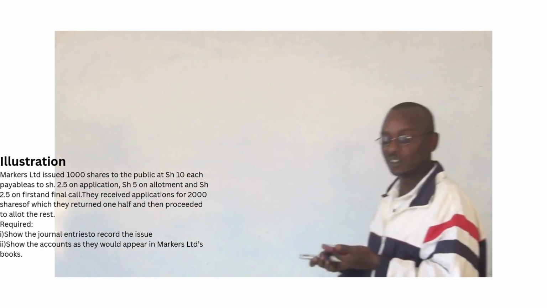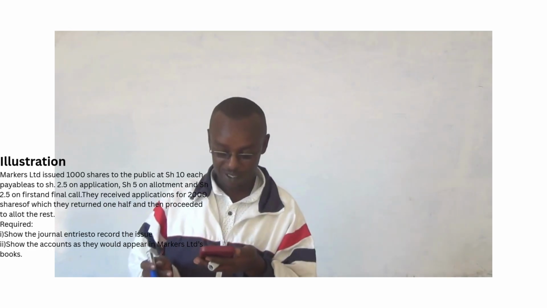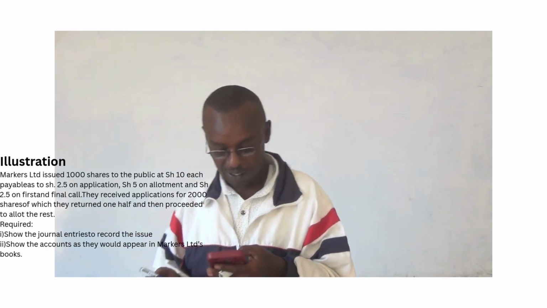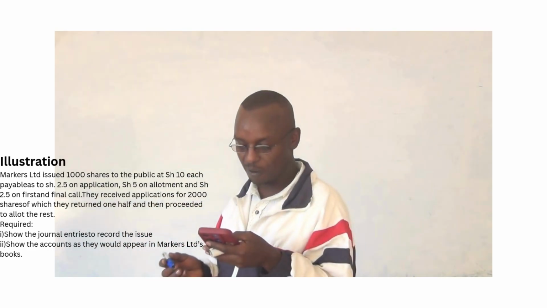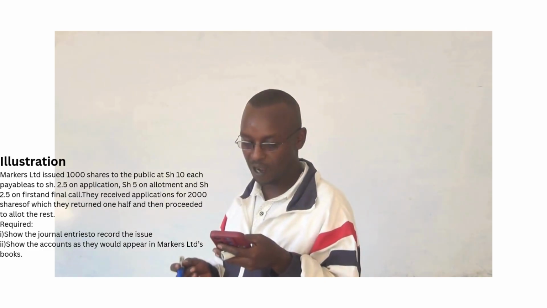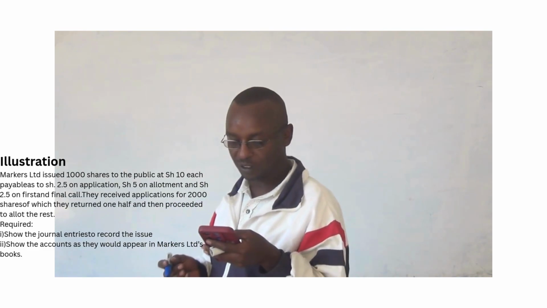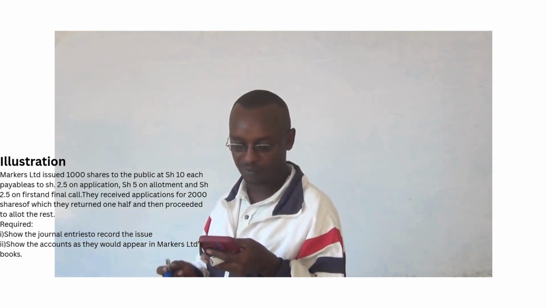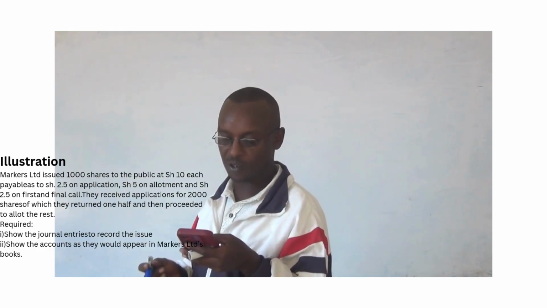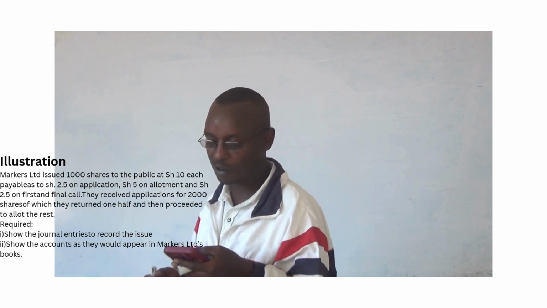So, illustration 1. Makers Limited issued 1,000 shares to the public at 10 shillings each, payable as 2.5 shillings on application, 5 shillings on allotment, and 2.5 shillings on first and final call.